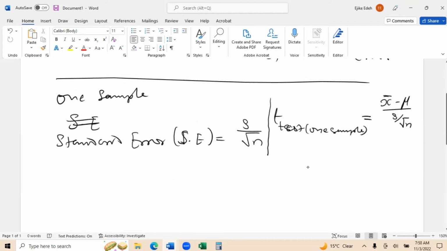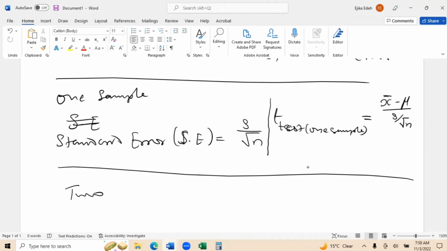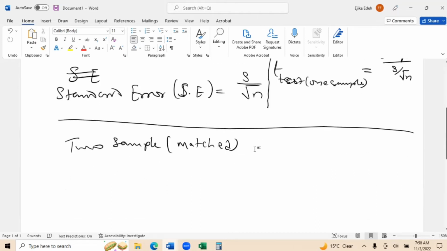For 2 samples that are matched, because they are matched, we are using the standard deviation of the difference. The standard error for 2 samples that are matched is the standard deviation of the difference divided by square root of n.